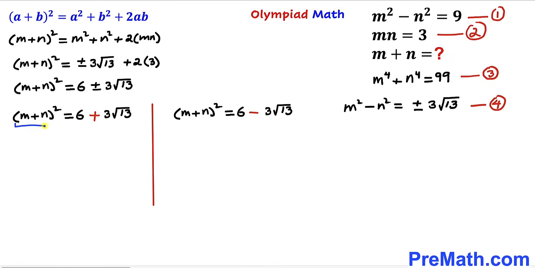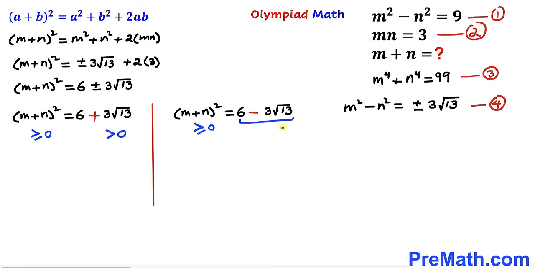And now let's make an observation. We can see (m plus n) whole square is always going to be greater than or equal to 0. And likewise, this one (m plus n) whole square is going to be greater than or equal to 0 as well. And now let's focus on the right hand side. This whole thing is a positive value. Whereas on this side, we can see 6 minus 3 times square root of 13.